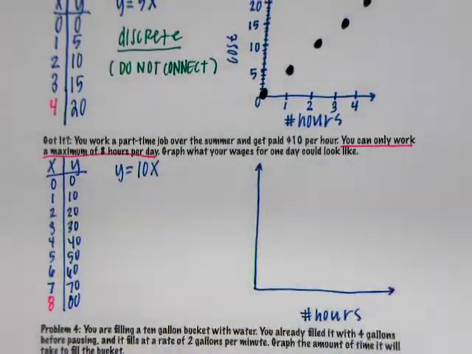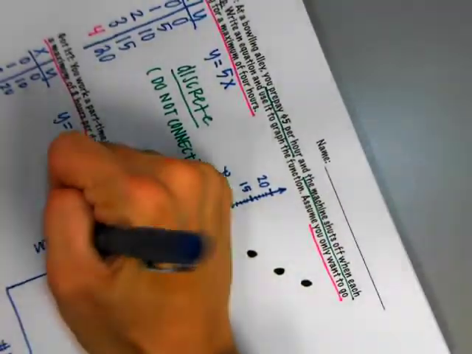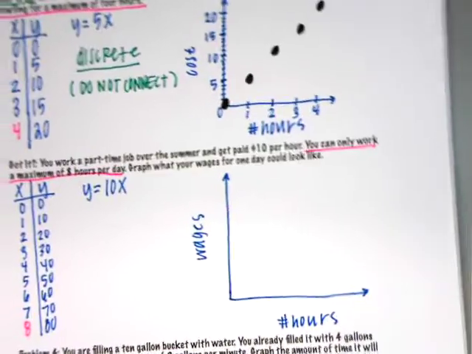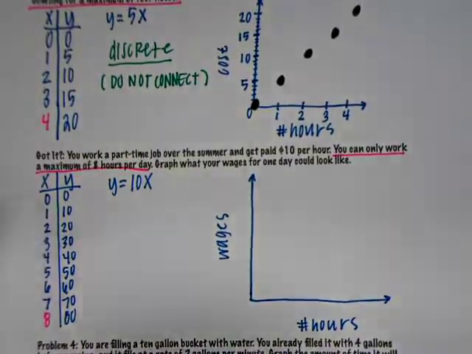Number of hours. I'm going to do wages. Anything like that, like pay, wages, something like that, you just can't put cost because that doesn't make sense. Okay.